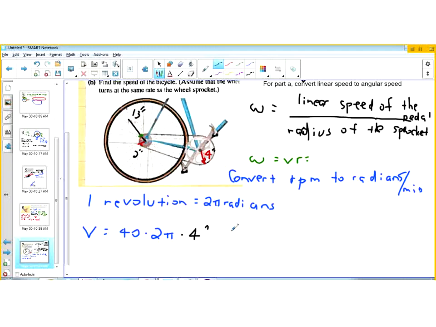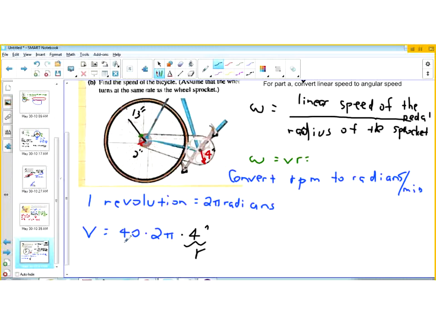What was the formula for V? Let me check the formula for V. V is equal to S over T. So S is basically right here, R theta. So S is equal to R. Here's your R value.